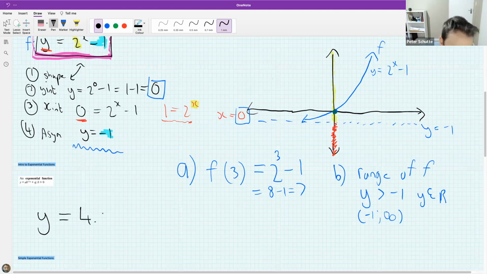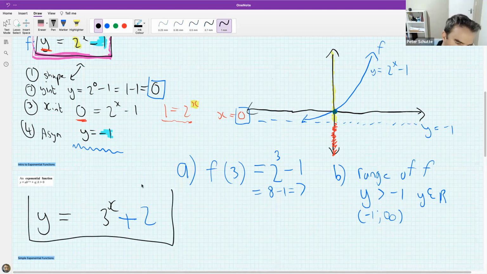Let's make it y equals 3 to the x plus 2.